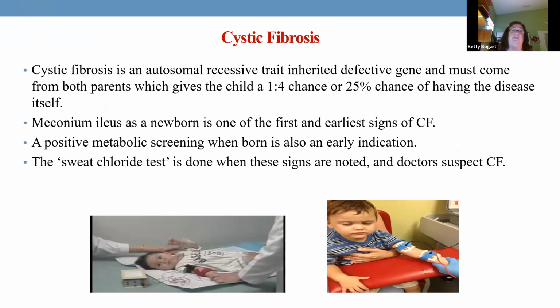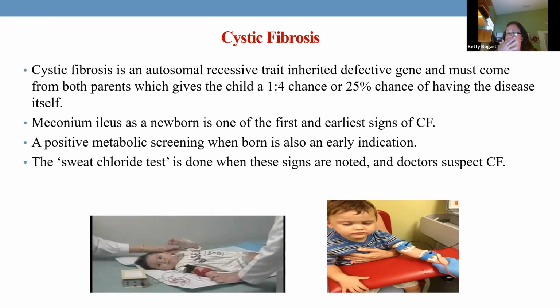Cystic fibrosis is an autosomal recessive trait, with a 1 in 4 chance of getting the disease if both parents carry it. Many times we don't know a child's going to have cystic fibrosis. Parents sometimes don't know they have the trait. And then at birth, we do not see this child having a stool within the first 2-3 days after birth.